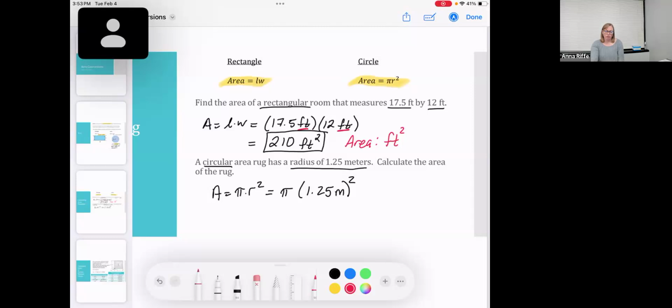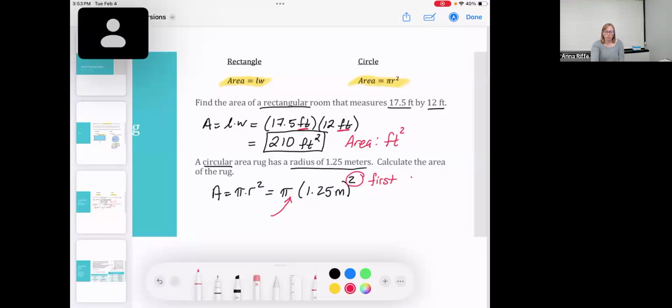We can plug this into our calculator, but we have to be a little bit careful. Maybe in Math 31, if you took that or other classes, you've heard of order of operations. We're going to do the exponent first before we do this multiplication by pi.